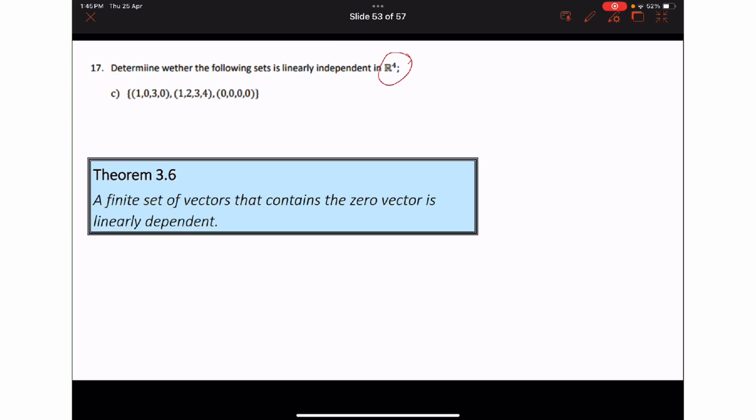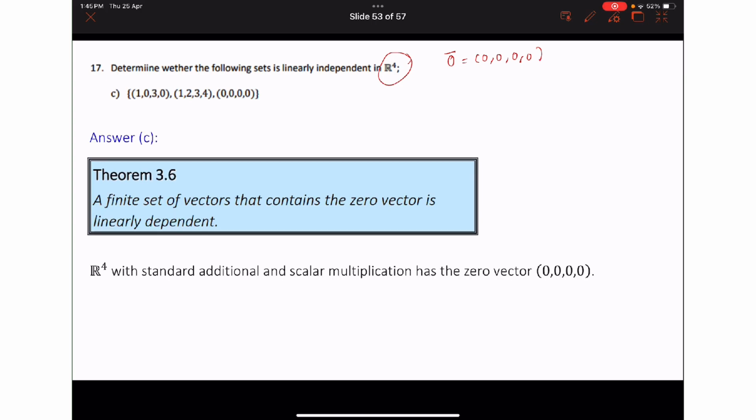Therefore, the zero vector for R4 is 0, 0, 0, 0. The set S in this question has 3 elements, and one of the elements in S is the zero vector. Since it has the zero vector in the set, then from the theorem, the set is linearly dependent.